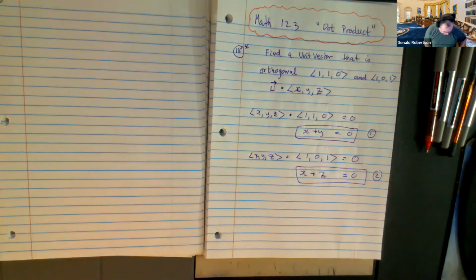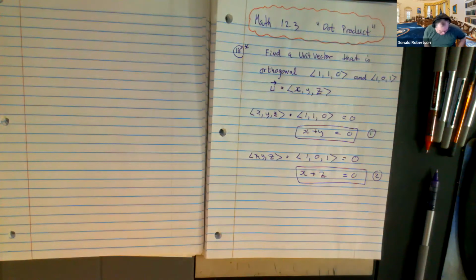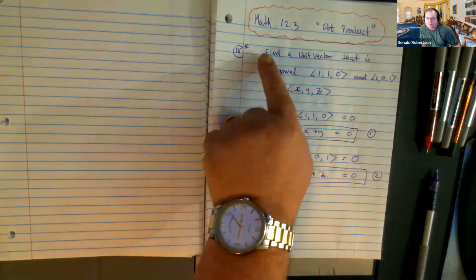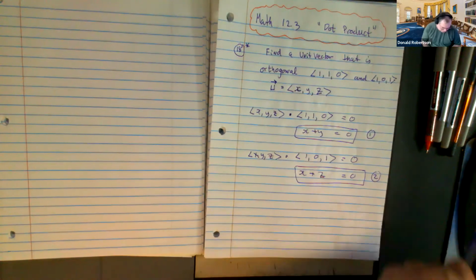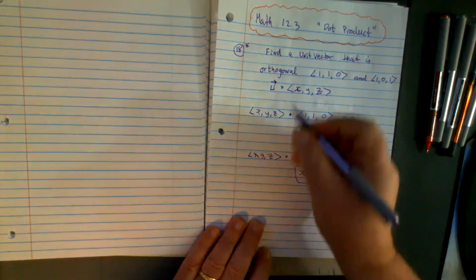And yet it seems like we've used everything up. But there is one piece of information about my vectors that I haven't used yet, that will help me get my third equation. What's the only piece of information from up here that I haven't used yet? Its length is 1 unit. Correct. It's a unit vector.